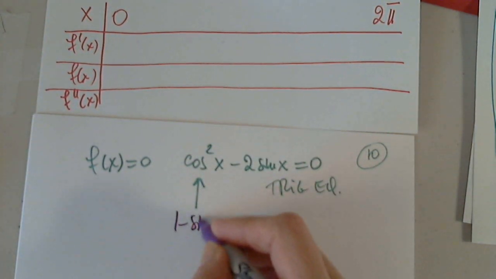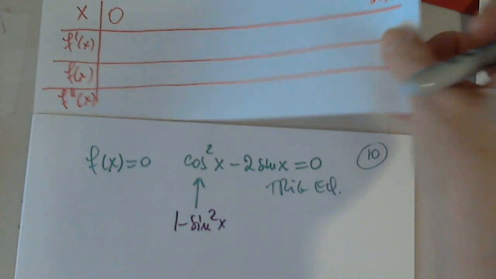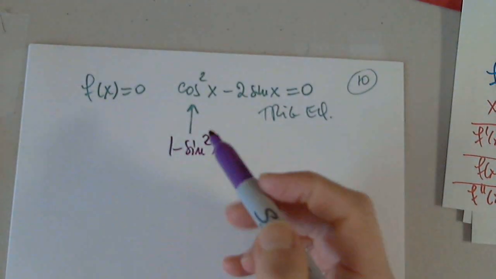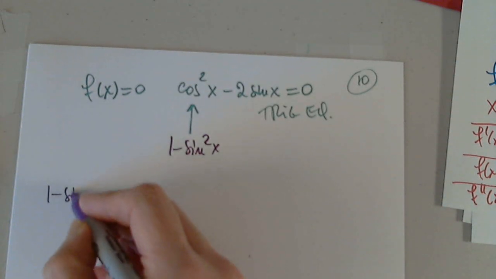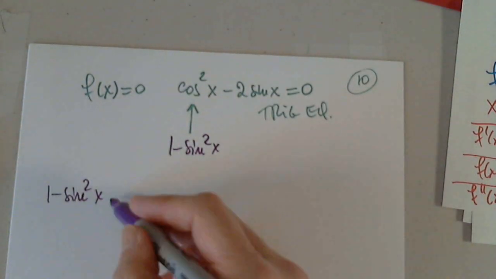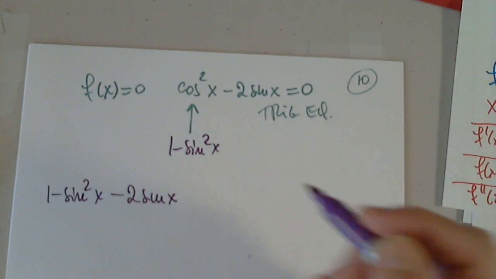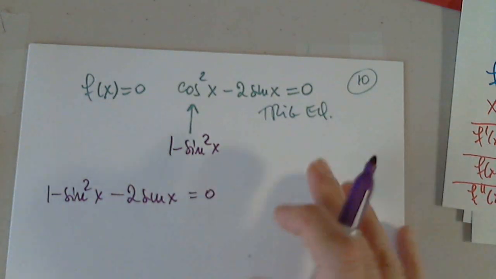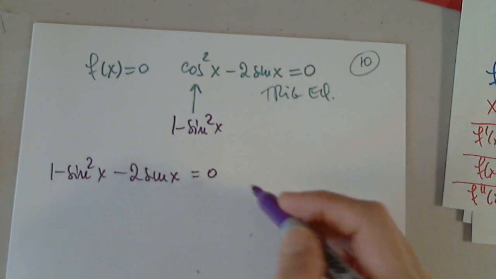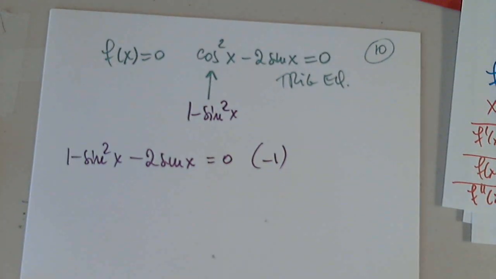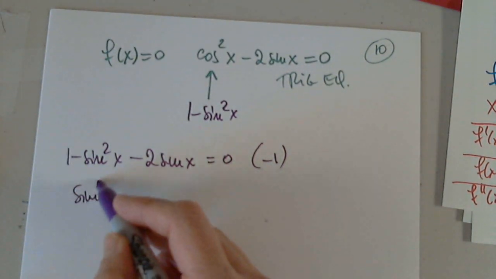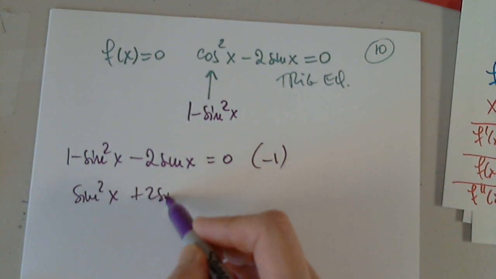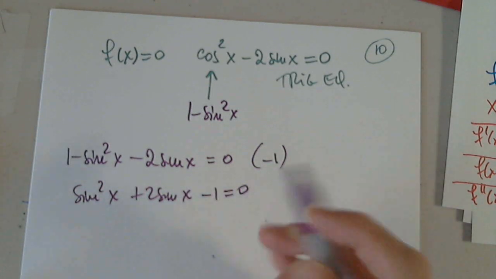So this is 1 minus sine squared. So then the equation becomes 1 minus sine squared x minus 2 sine x equals 0. I will arrange it in descending order and at the same time multiply both sides by -1. Sine squared x plus 2 sine x minus 1 equals 0.